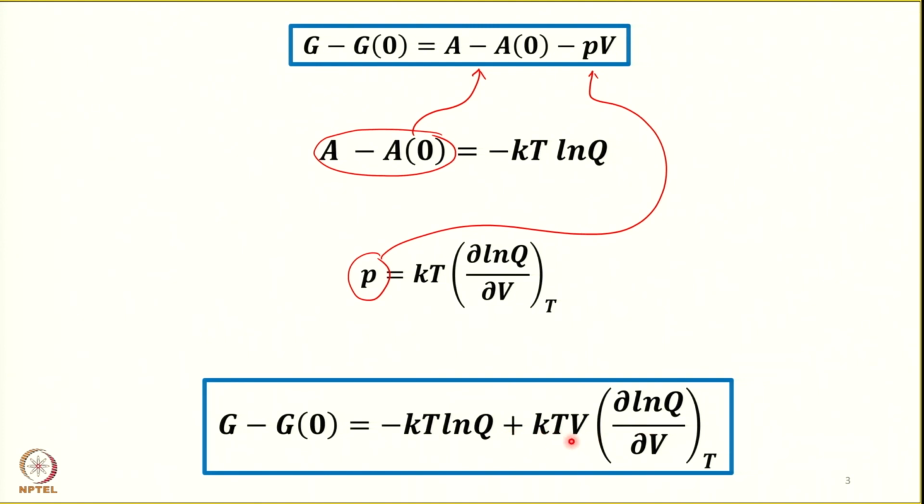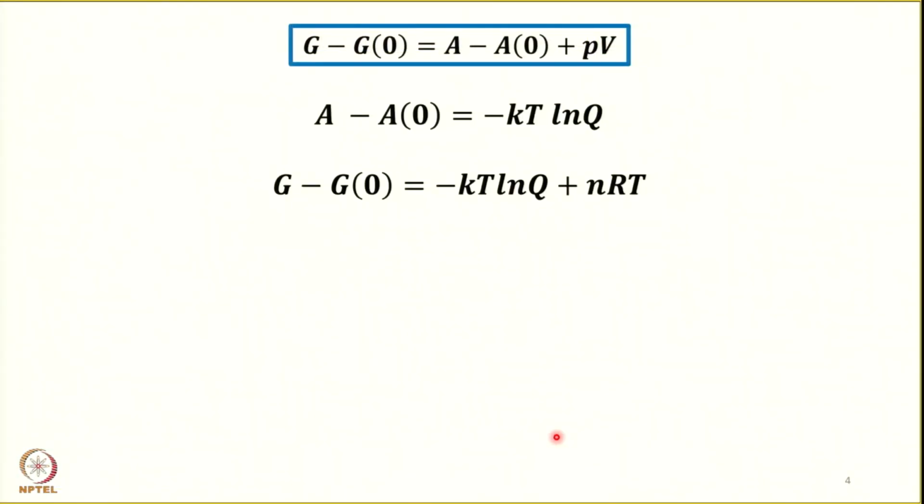This V volume comes from here, into partial derivative of log Q with respect to volume at constant temperature. So here we have an expression which connects G with capital Q, the canonical partition function, and hence for a given system we need to establish whether the system consists of distinguishable or indistinguishable molecules, and then we have to use this expression accordingly.